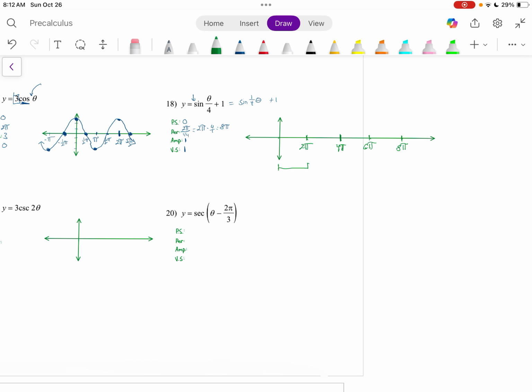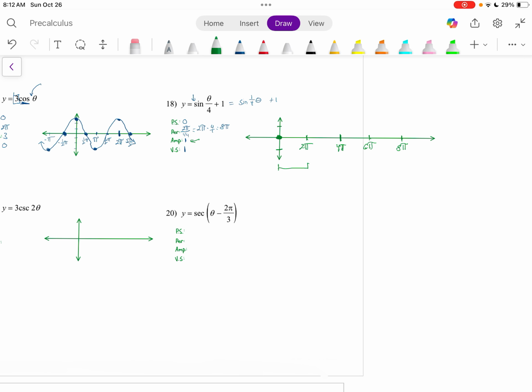Now realize 2 pi, that's our normal period, so don't graph this, but our normal sine graph would fit in that spot. And so now with this one, the period's a lot longer. Our amplitude is just 1, so we can go up 1 and down 1, and we're going to graph this.